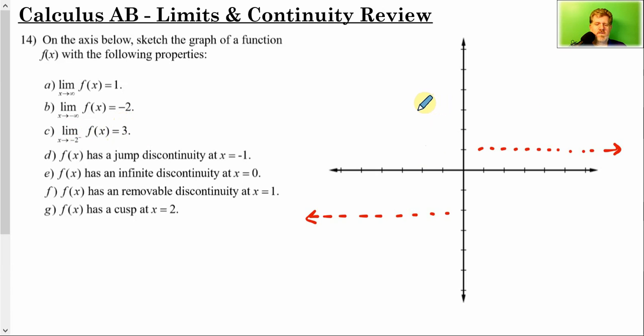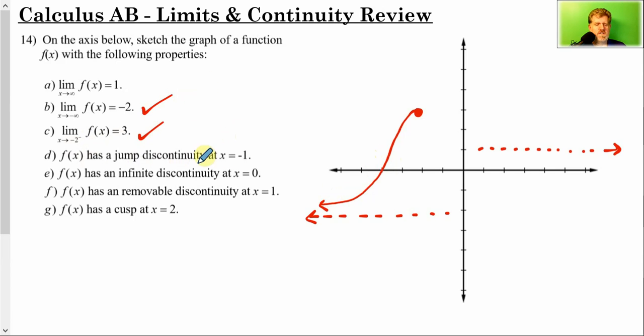So that means it's going to equal some point. Now, can it be a hole? Sure. Can it be a solid point? Sure. We don't know what it is. We just know that it's got to go through that point. So this is all I know about this side. So I'm just going to make it flatten out. This is going to be my graph so far. So I've got this. I've got this.